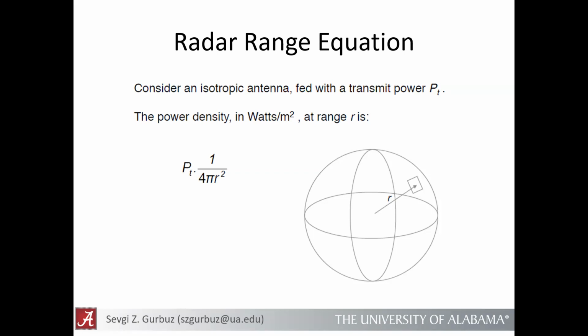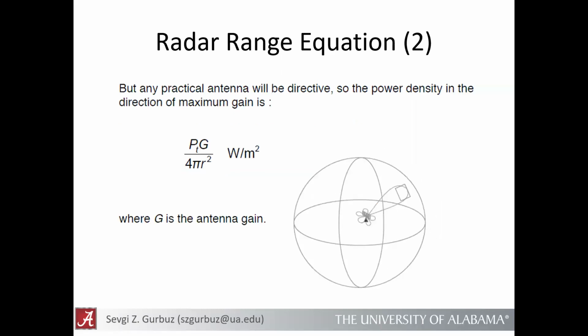So you can think of anywhere on the sphere, you're going to have the same power being transmitted. So the total power of the transmitter is power PT, and therefore, if we consider that the surface area of a sphere is 4 pi r squared, we can calculate the power density at a distance r, more commonly known as the range r, as PT divided by 4 pi r squared.